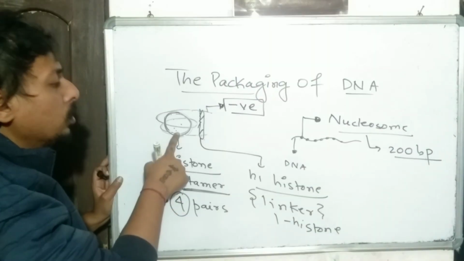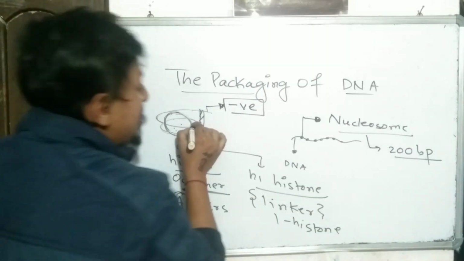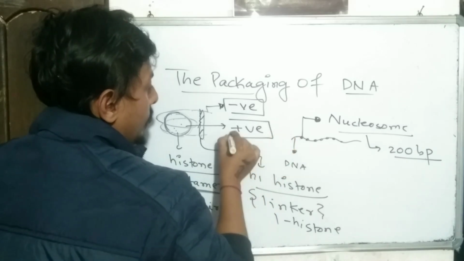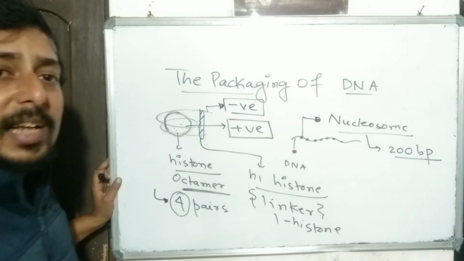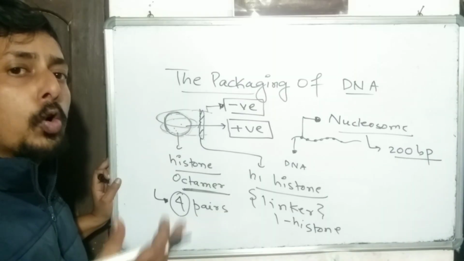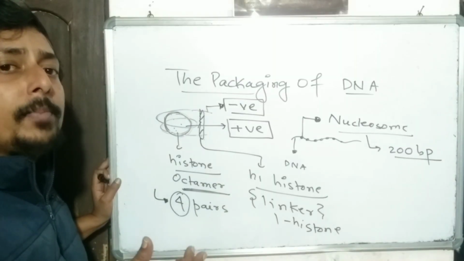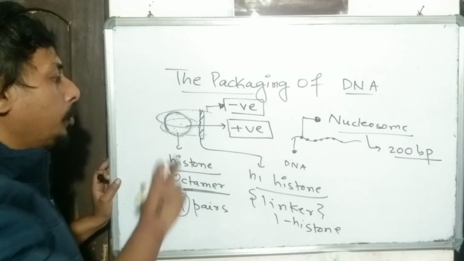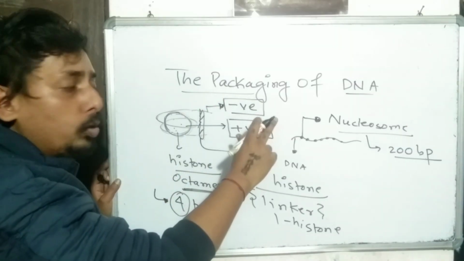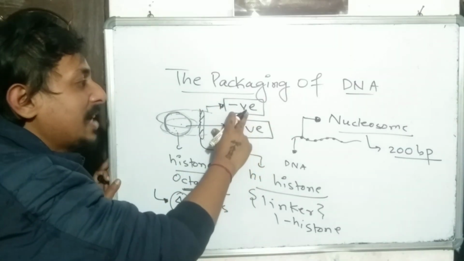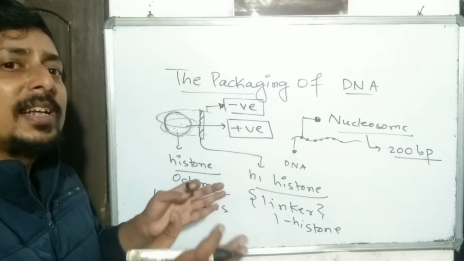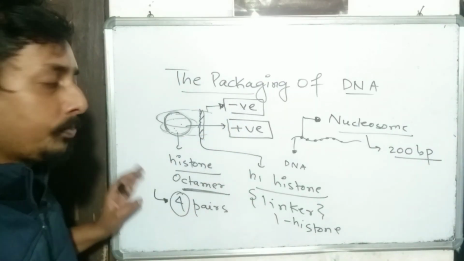And histone protein is a basic protein that is positively charged. What are bases? Bases release OH minus, and so they become positively charged. So basic proteins are positively charged. DNA, due to the phosphate group, phosphoric acid, is negatively charged. Therefore, they can easily wrap around each other and stick to each other.